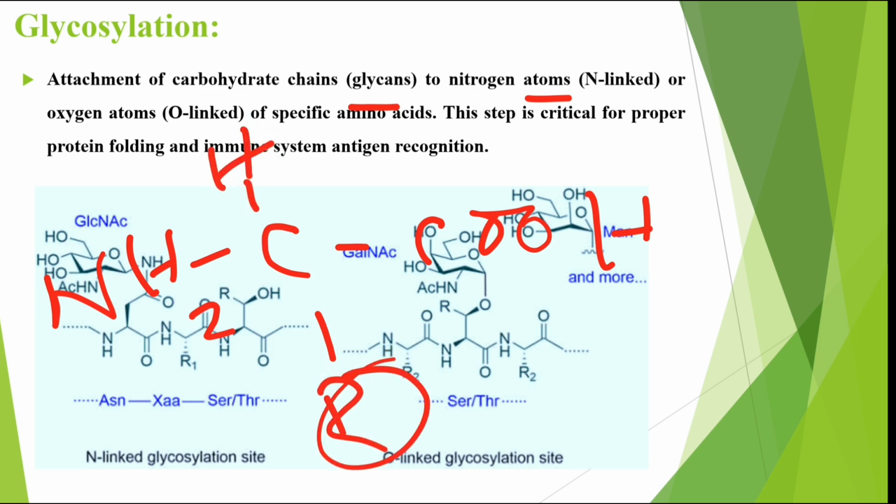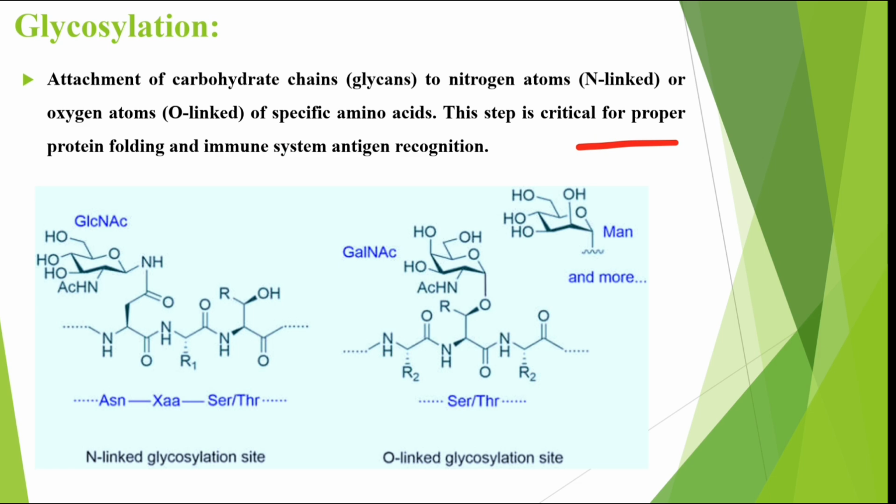So either it will attach to this nitrogen or to oxygen. This step is critical for proper protein folding and for immune system antigen recognition. It will be either N-linked glycosylation or O-linked glycosylation.